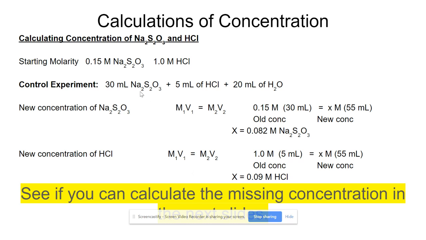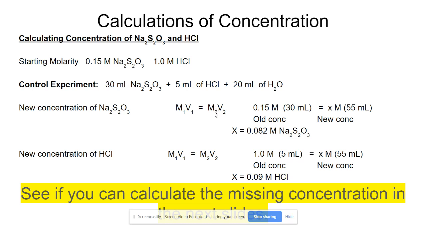For the control experiment, we added 30 milliliters of thiosulfate, 5 milliliter of HCl, and 20 milliliter of water. So in order to calculate the concentration in which the reaction occurs, we need to take the original molarity of thiosulfate, which is 0.15 molar, multiplied by the volume we're going to use, which is 30 milliliter, and that equals M2.